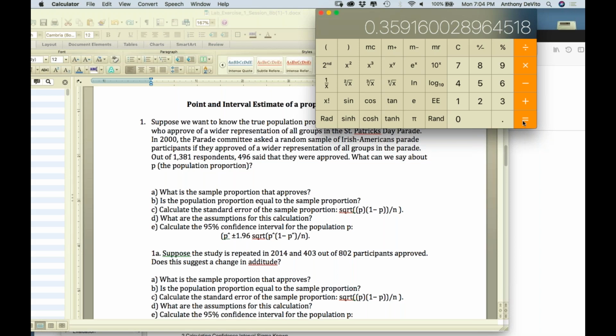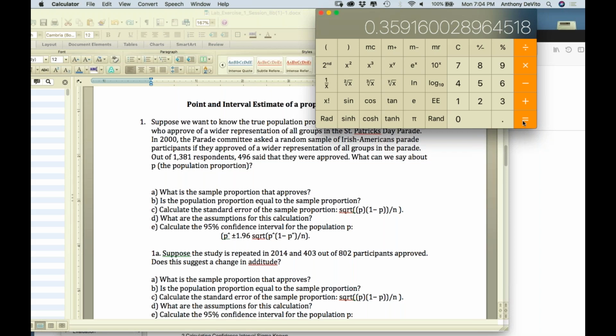Right? So what is our p-value for the population? Do we know what p is for the population? Everybody takes part in the parade. No, we don't. So what is this instead of p? How do we signify p cap? Use p cap. This is the sample proportion. So 36% of our sample said they favored wider representation, right? Do we know what our population proportion is?